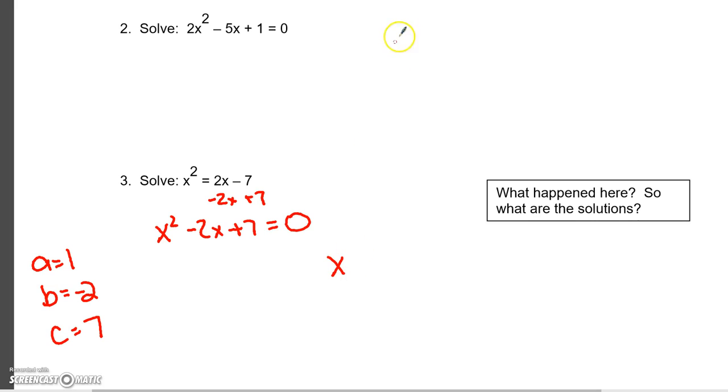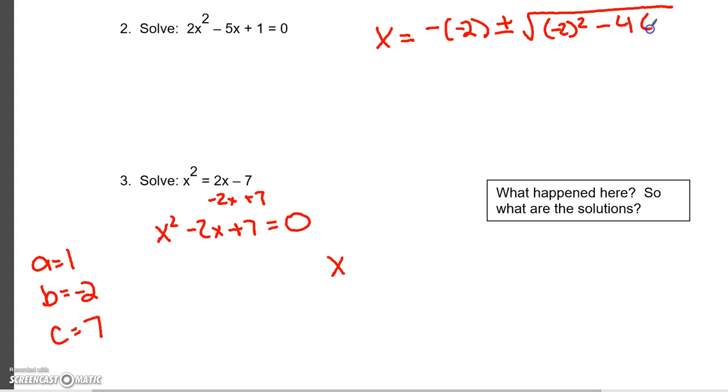So x, I'm going to come up here. x equals the opposite of B plus or minus the square root of B squared minus 4 times A times C. Don't forget to put the B squared in parentheses, over 2 times 1.